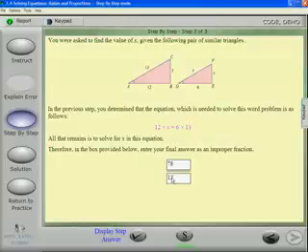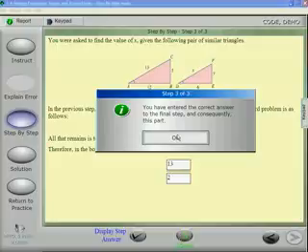All that remains is to solve for x in this equation. Therefore, in the box provided below, enter your final answer as an improper fraction. If this is indeed my final answer, I'd want to make sure that it's actually reduced. If I were to reduce this down, both of these numbers are divisible by 6. If I divide the top by 6, I end up with 13. The bottom I'd have 2. So I think 13 over 2 is what they're looking for. And that's correct.